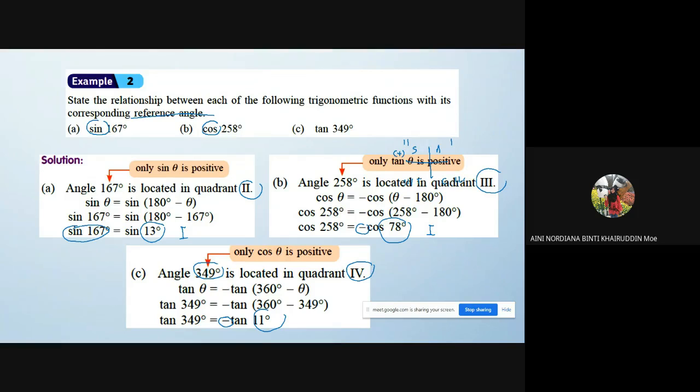Because at quadrant 4, only cos positive, kan tadi all sine teacher cube. So if tangent, dia akan jadi negatif. So you kena letak sini negatif lah. Kalau you tekan calculator, tangent 11, you akan dapat positif. So dia tak sama dengan tangent 349.